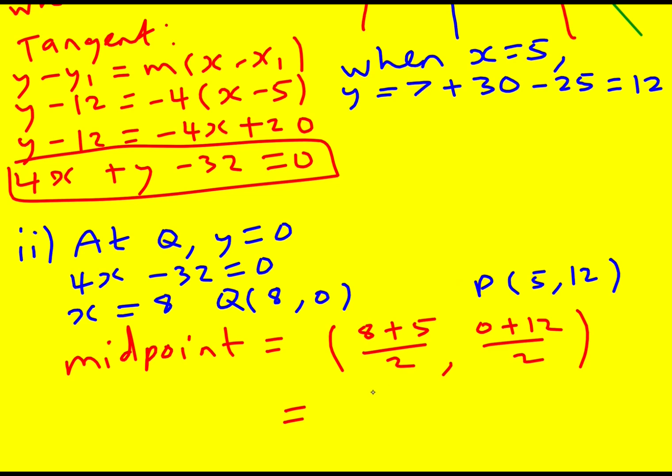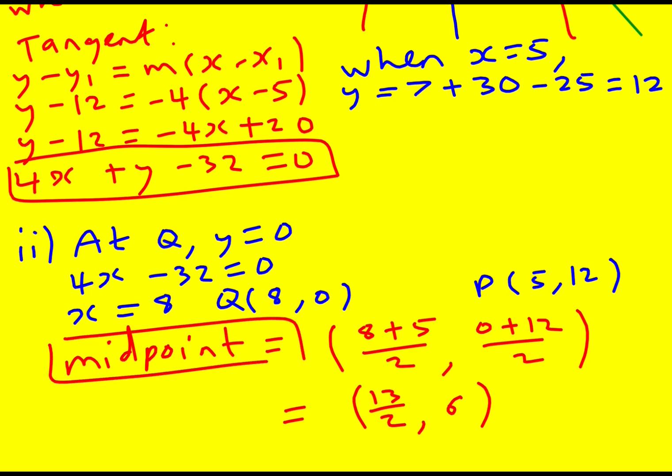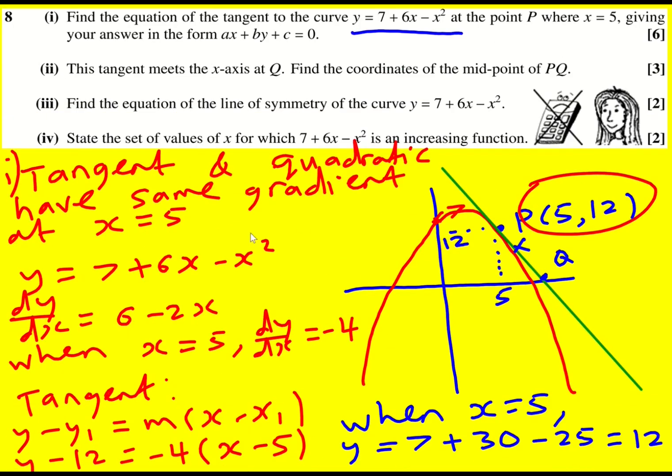Okay, that's just a nice quick process. So 13 over 2 is the same as 6.5. 6.5 is 1.5 away from 5 and 1.5 away from 8. And then 12 over 2 is 6, clearly halfway between 0 and 12. Okay, good.